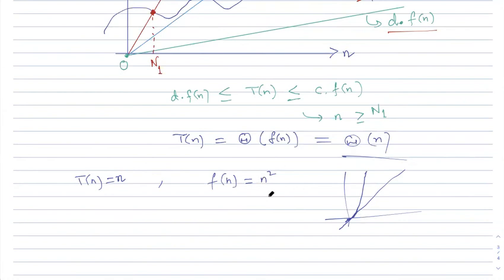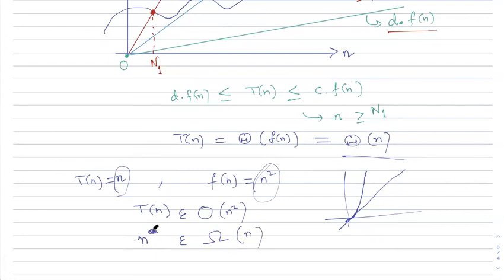So when the order of the polynomial itself has changed, this always carries this relationship: T of n is going to be big O of n square. You cannot write n square as a big theta of n.